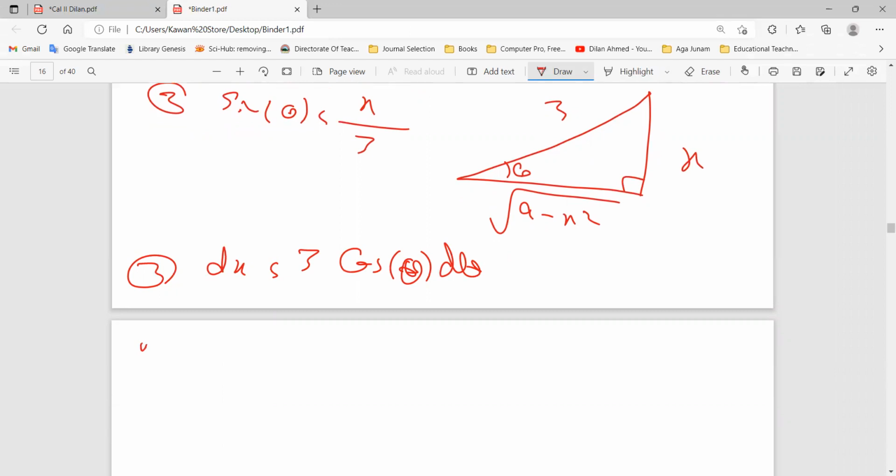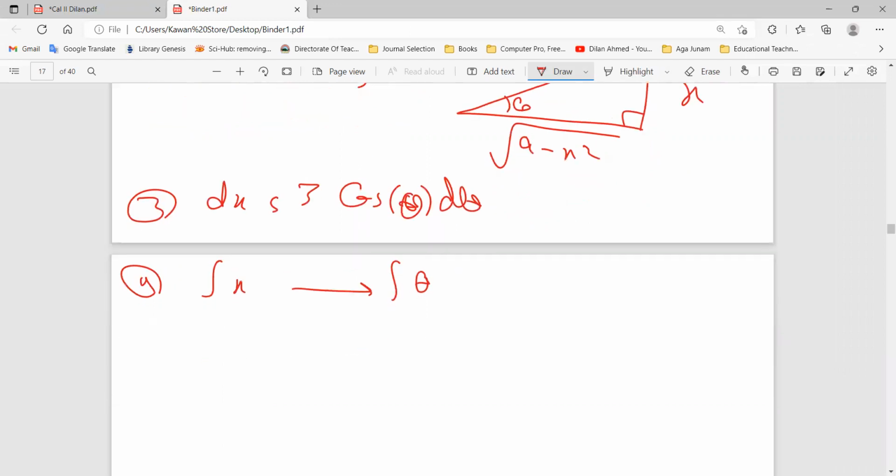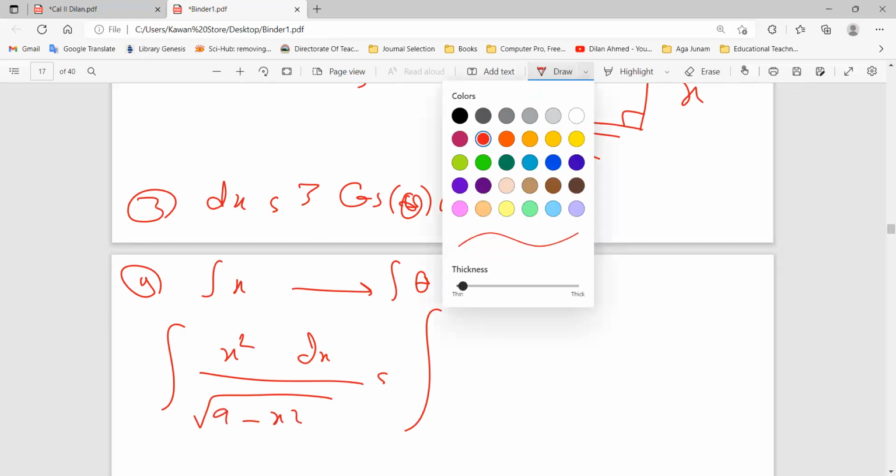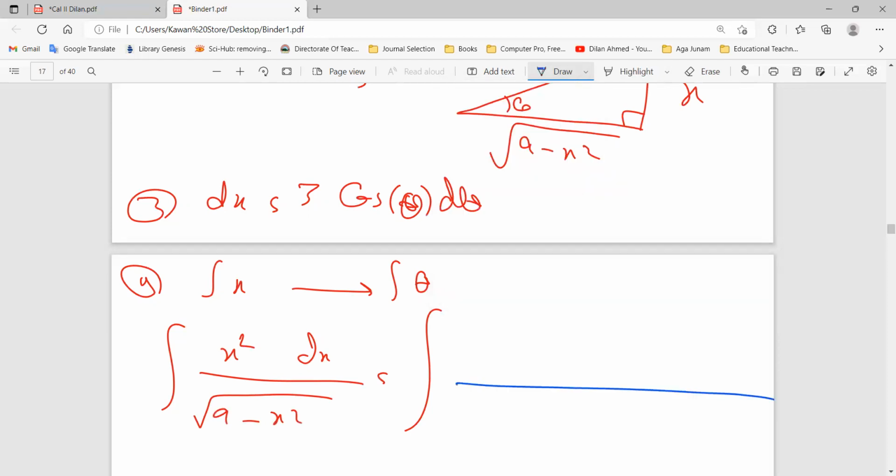Now, change x to theta. So we have a problem here. Look, we have x squared dx over the square root of 9 minus x squared. Pay attention to that step. So what's going on? I have 9 minus 9 sine square of theta.